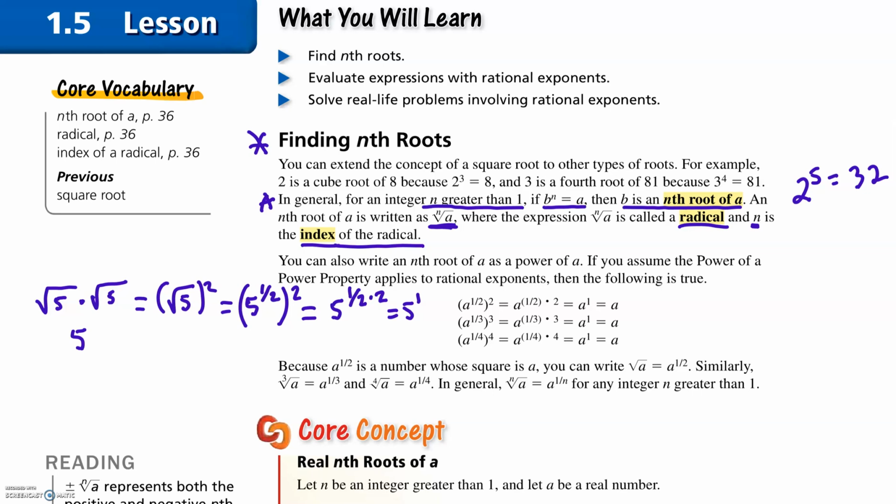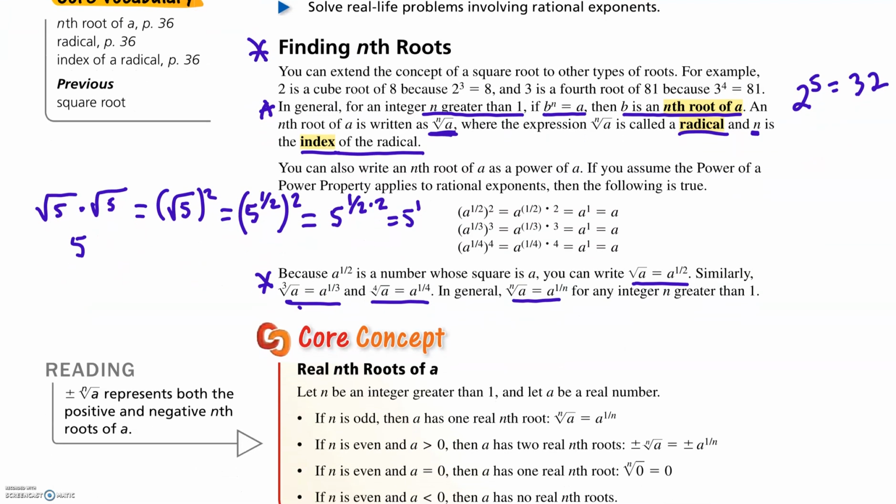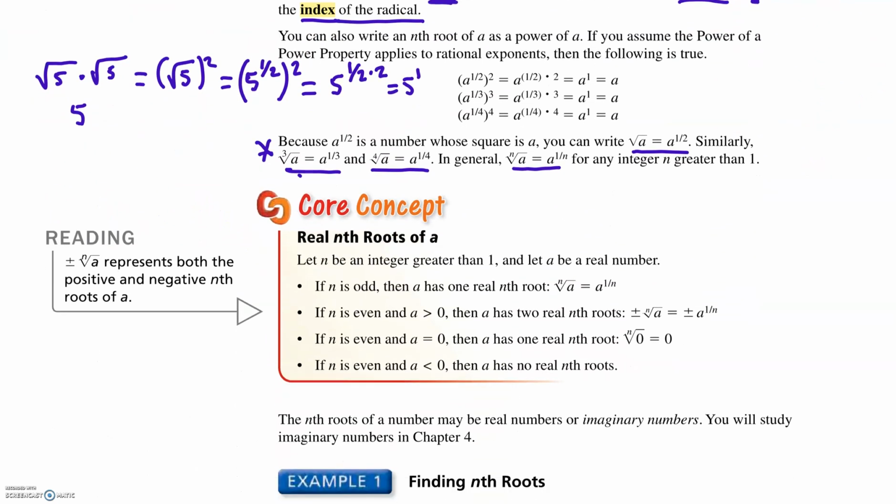A cube root is the same as a 1/3 power. Fourth root is a 1/4 power, and so forth. Nth root is a power of 1 over n. That's probably the most important idea from this section.